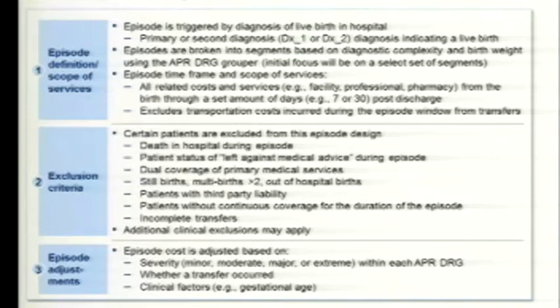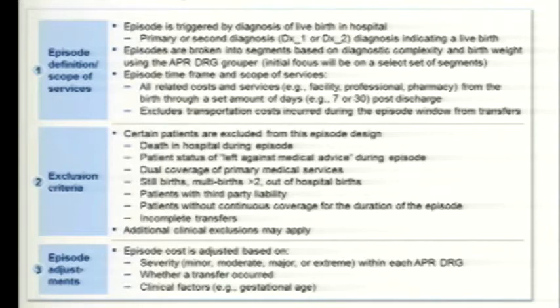So we have to have a trigger. In this case, it would be a live birth. You'd have a variety of diagnoses, but it would have to be that someone is born. And then we create different episodes based on the APDRG and the birth weight, as we've been talking about, so the presentations.